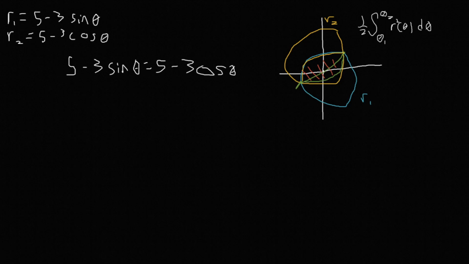If I subtract 5 from both sides, we get rid of the 5, and then we divide both sides by -3, and we are left with sine theta equals cosine theta.